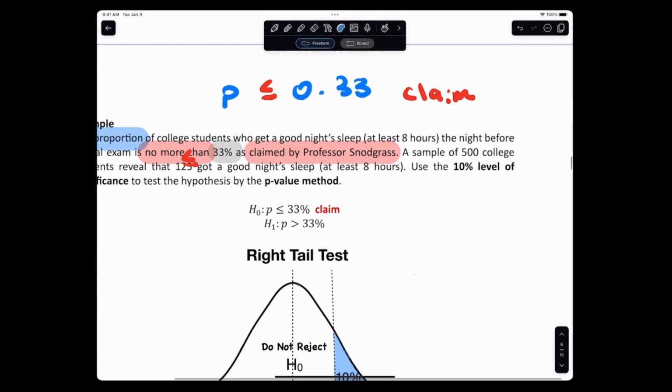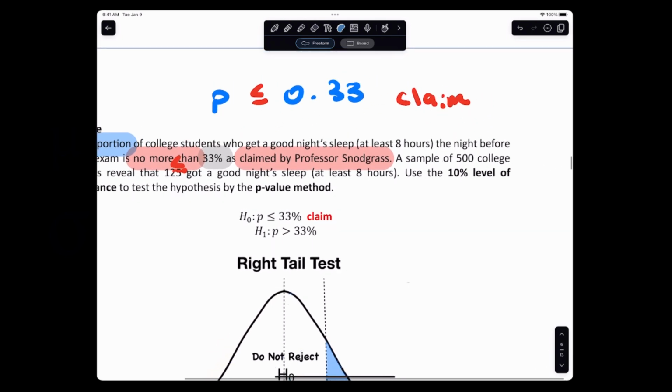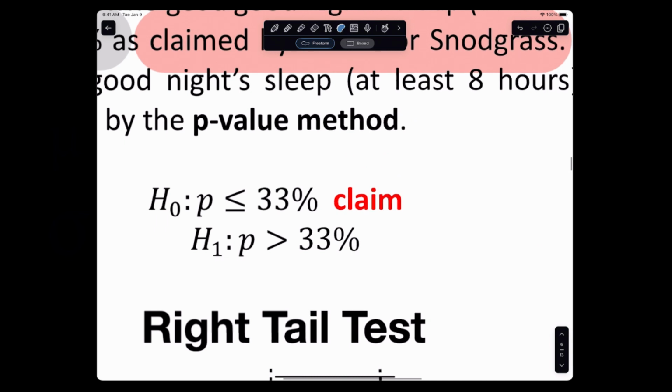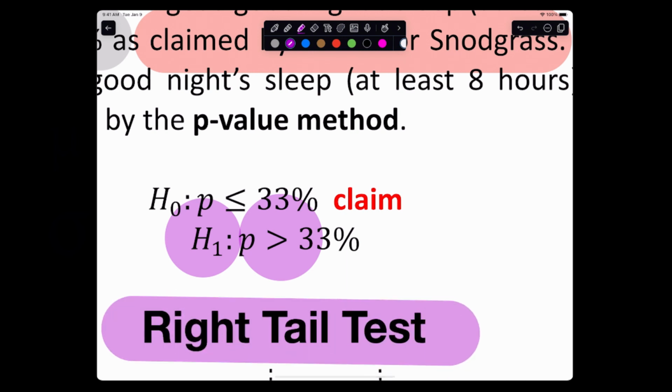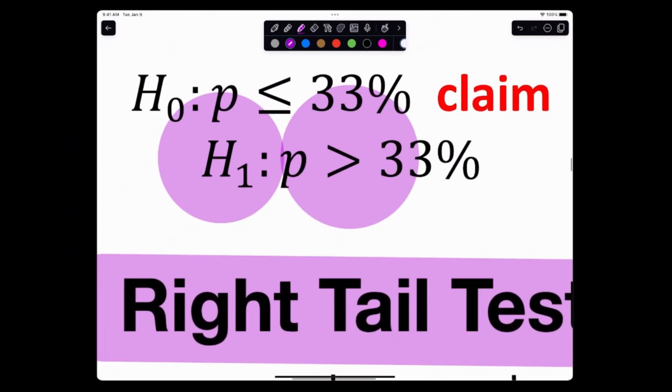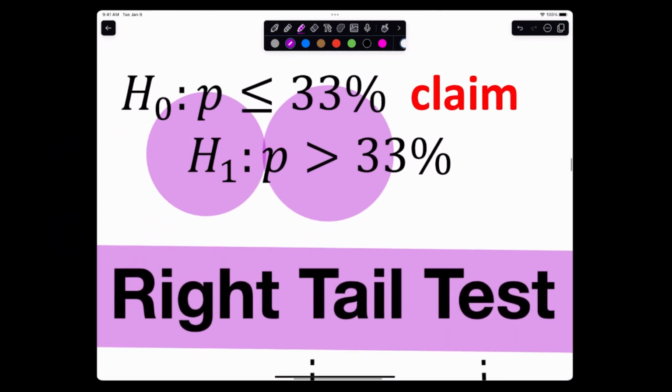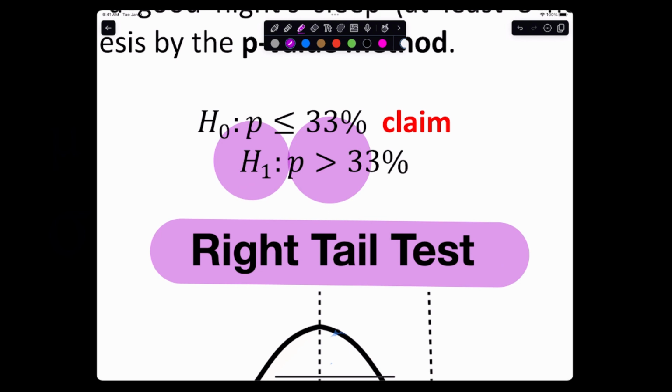So the opposite of less than or equal is greater than. That means the alternate hypothesis is a greater than. What direction does that inequality point? What defines the test? The direction of the alternate hypothesis, and that points to the right.